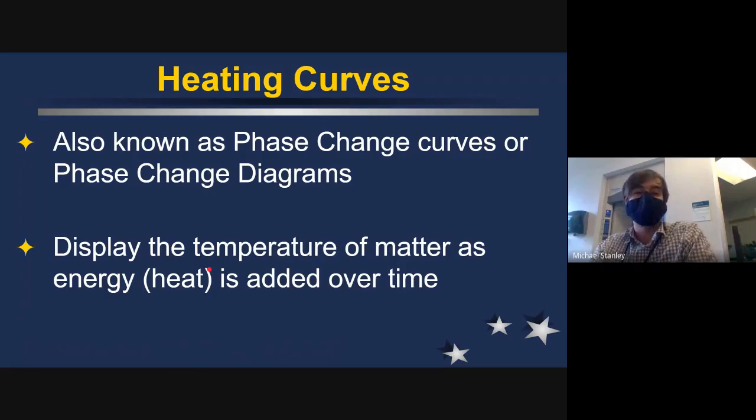Think about somebody sticking a thermometer inside a piece of matter and then putting that piece of matter onto a stove or a hot plate and watching the temperature as time goes on. As you might imagine, the longer it goes, the higher the temperature will get. But the temperature doesn't just steadily increase from one point to another. Instead, it creates this series of curves that we're going to talk about.